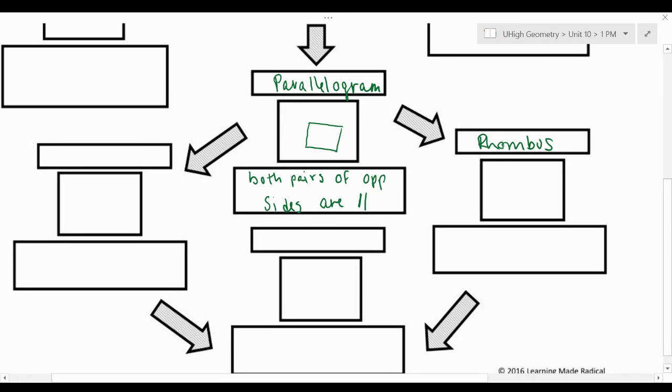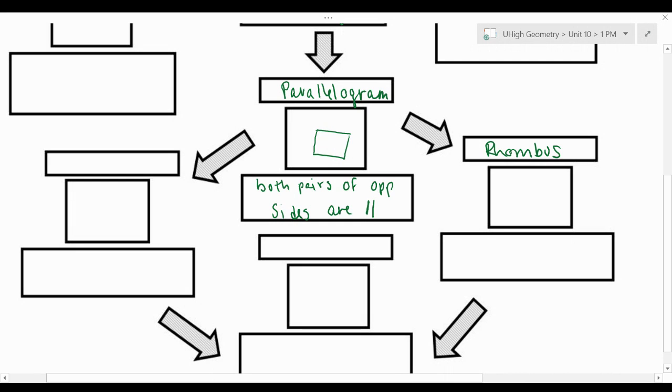remember that something is a rhombus if and only if it's a parallelogram with four congruent sides.